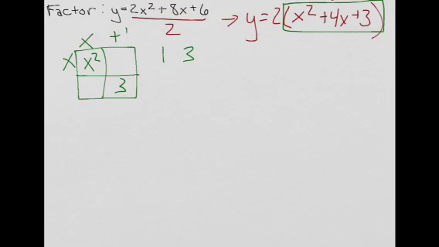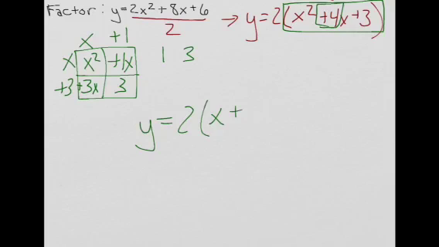So we're going to get positive 1 here, positive 3 here, which gives us 3x and positive 1x. So positive 3, positive 1 make our positive 4x. So it works. So our factored form ends up being y equals 2 times x plus 3 times x plus 1.